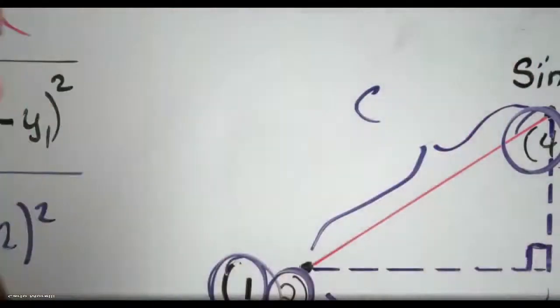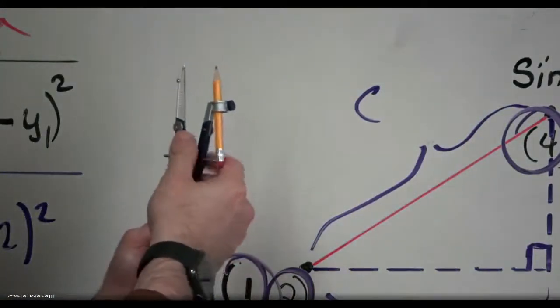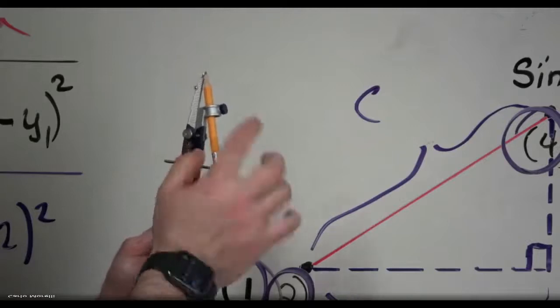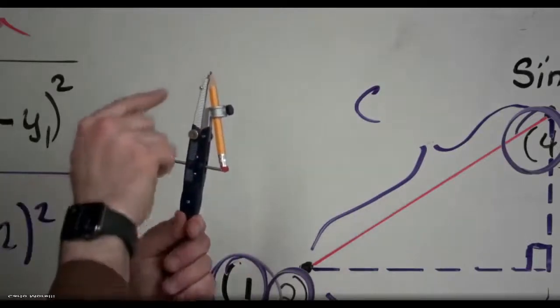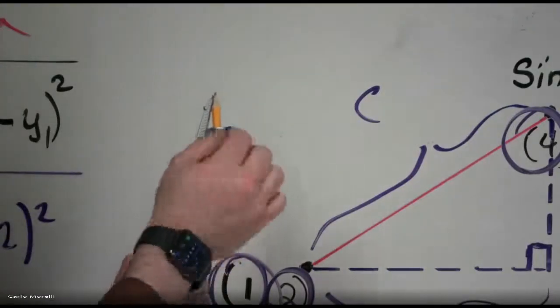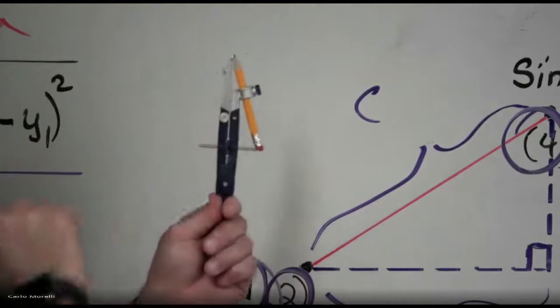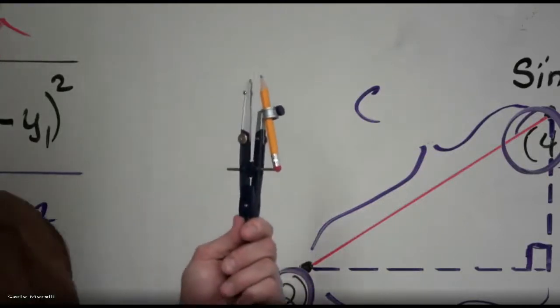Okay, so now I've sharpened up the pencil, and now I need to adjust it so that when I put the tip together with the pointy end of the compass, they're flush. So you want to manipulate that pencil just up and down until it's flush with the tip of the compass. Okay, just kind of have to mess with it for a minute.